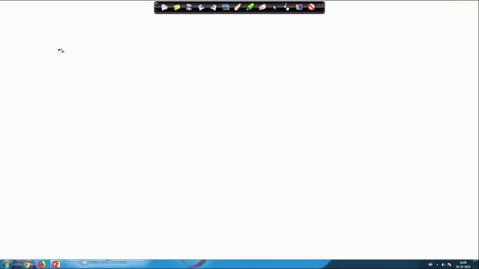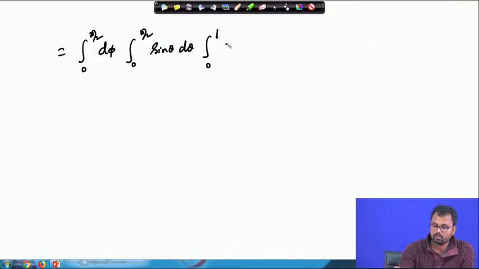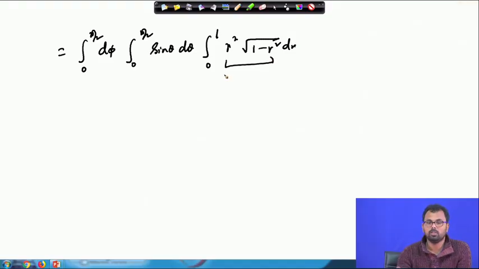So, we can write integral 0 to pi by 2 d phi, and then integral from 0 to pi by 2 sin theta d theta, and then integral from 0 to 1 r square square root of 1 minus r square dr. We can calculate this one using our usual trigonometrical results, substituting r equals sin t, and then calculating this integral.